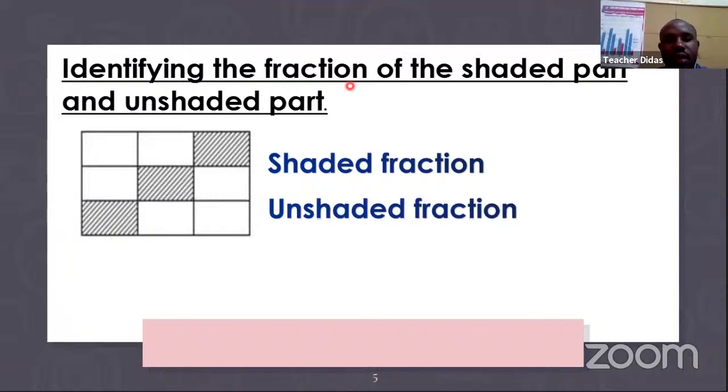After counting the whole parts, that total is the part of the fraction we put down, and it is called a denominator. So the denominator represents the total parts of the fraction, and the numerator represents the upper part of the fraction, which can be either shaded or unshaded.